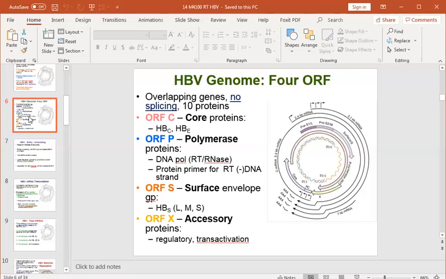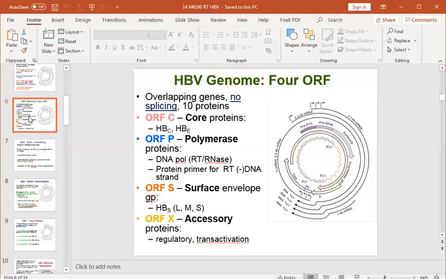The third open reading frame is open reading frame S, which codes for surface envelope glycoproteins, hepatitis B surface. Remember, we said that there are 3 surface glycoproteins. These are L, M, and S glycoproteins.